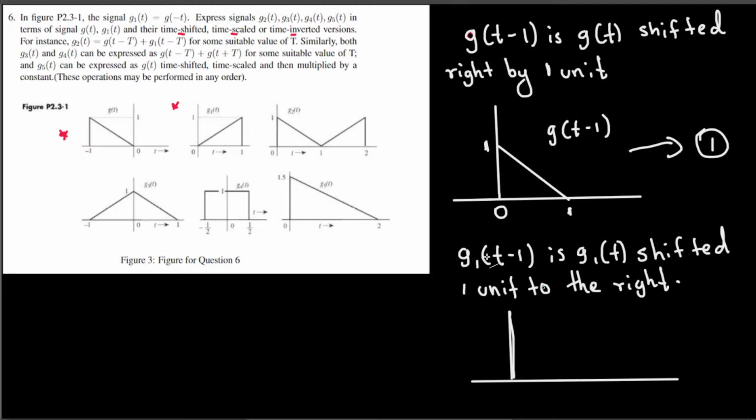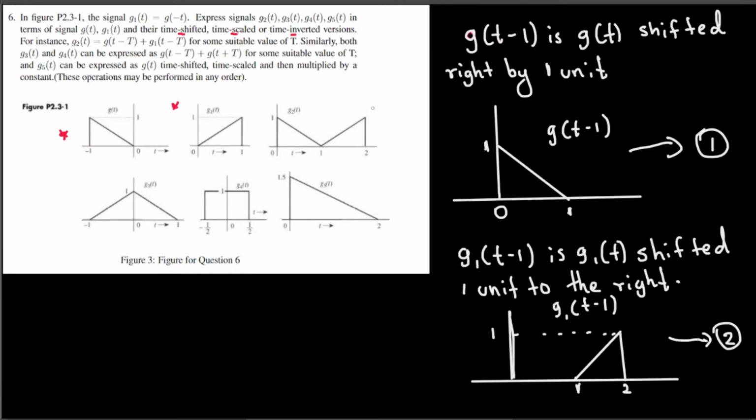If we shift right by 1, it's going to start at 1 now, and the height is 1, and it's going to end at 2. So this one is 1, this one is 2, and this height is 1. Let's call this G1 of t minus 1, graph number 2. I'm naming these because we may use them later if we have a similar problem.